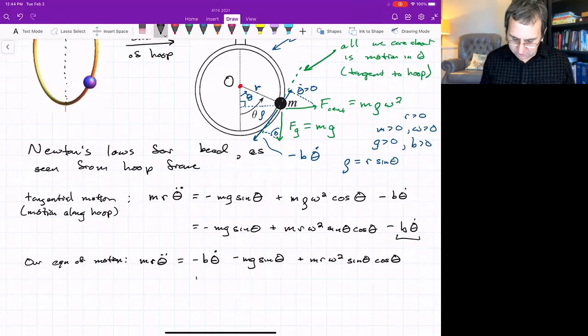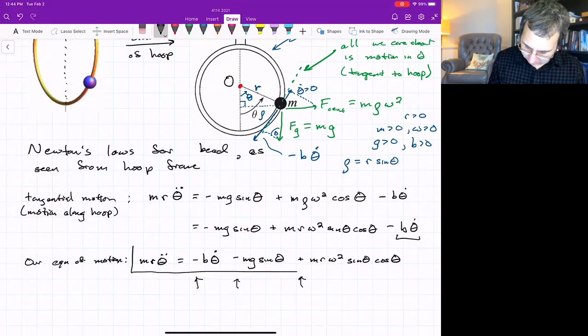It's interesting that some of these terms have negative signs, some have positive signs. So it sort of suggests as we vary the parameters of the system, we could get different types of behavior. So maybe we'll get a bifurcation at some point.